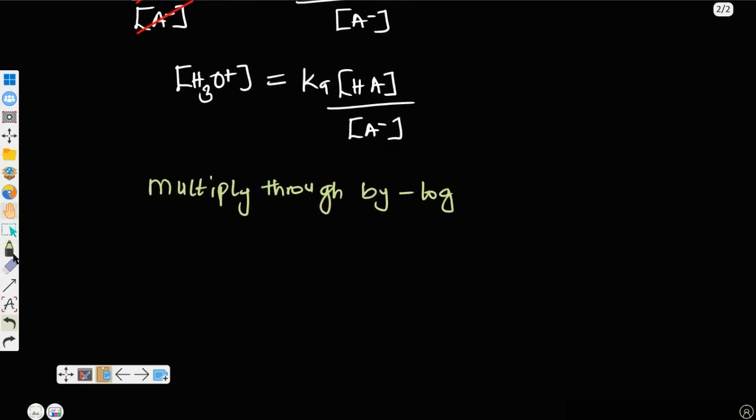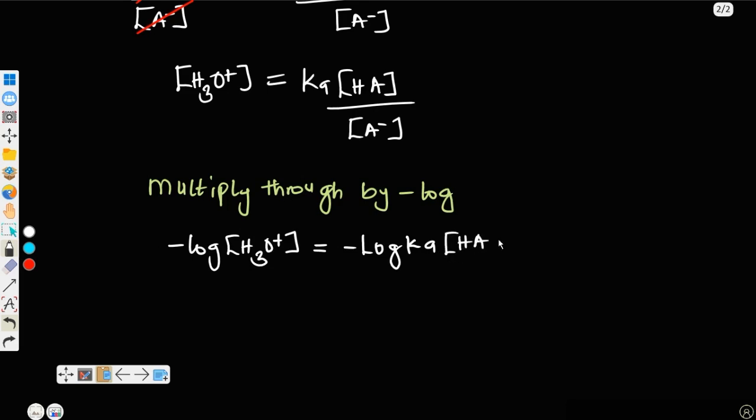So if you multiply through by negative log, this is going to give us minus log H3O plus equals minus log Ka bracket HA divided by A minus. This is what you do.